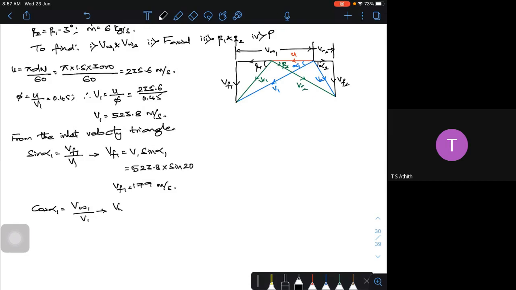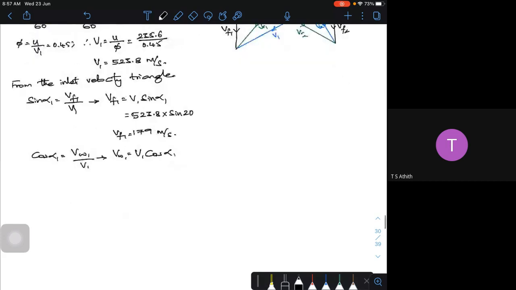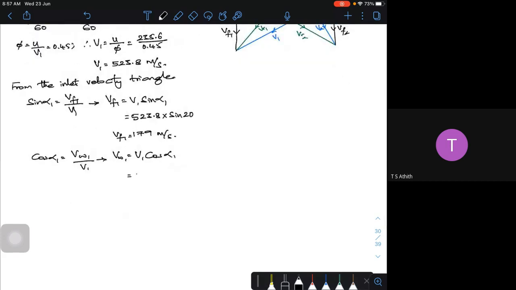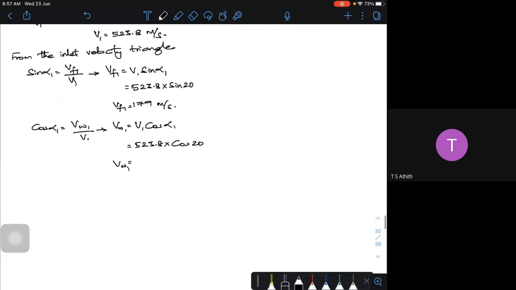Or VW1 is equal to V1 cos alpha 1, which is 523.8 into cos 20. I am getting my VW1 as roughly around 492 meters per second. So I got it actually.